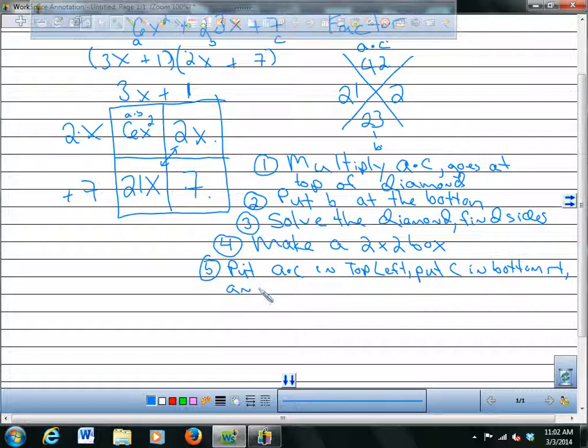And put the sides of the diamond, the other two, and it doesn't matter which goes where.